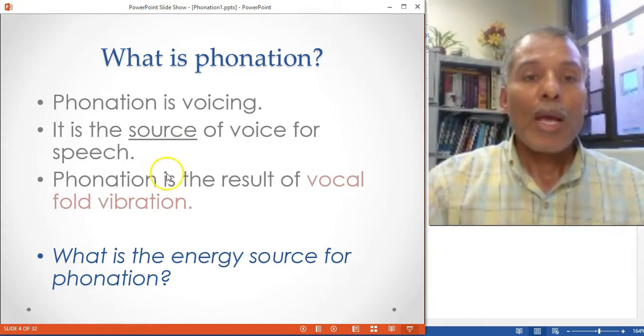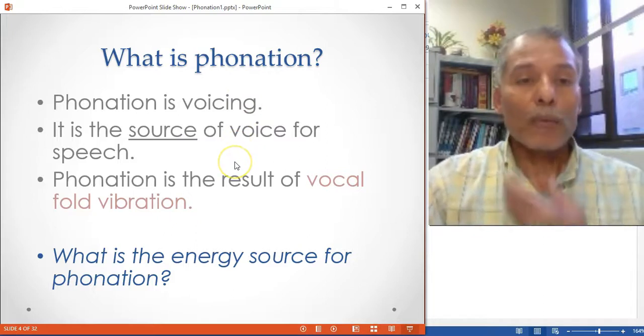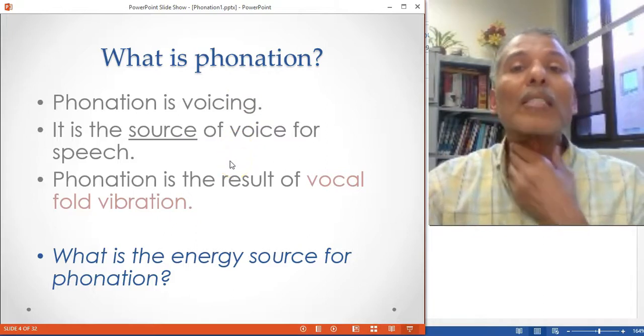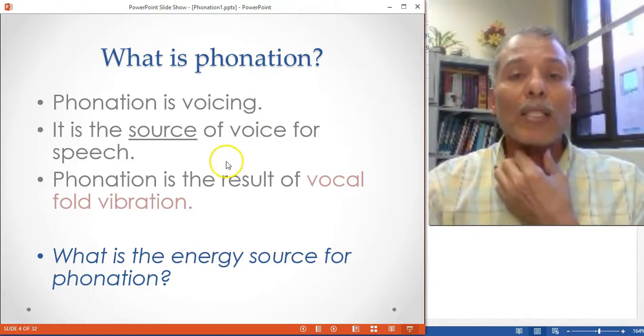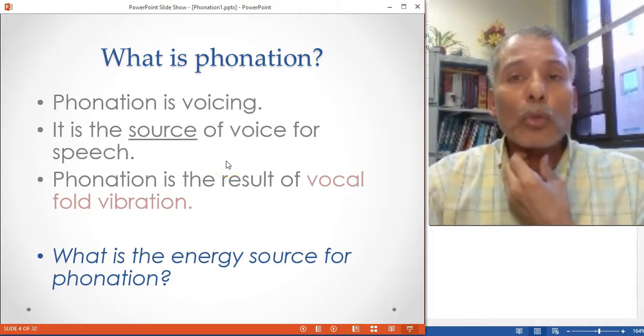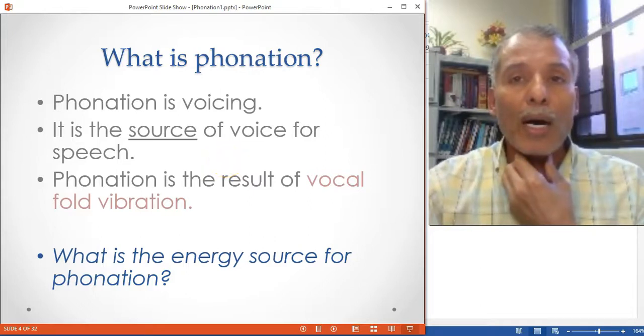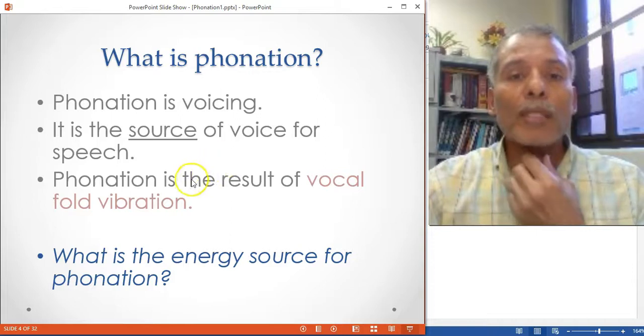Phoneme. And phonation is making sound, so the larynx, what it does, it has the vocal folds and it produces a buzz, like it makes that buzz.